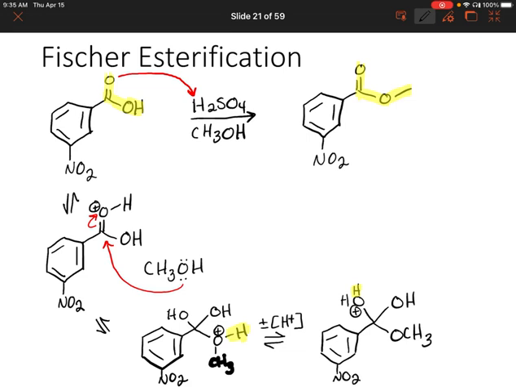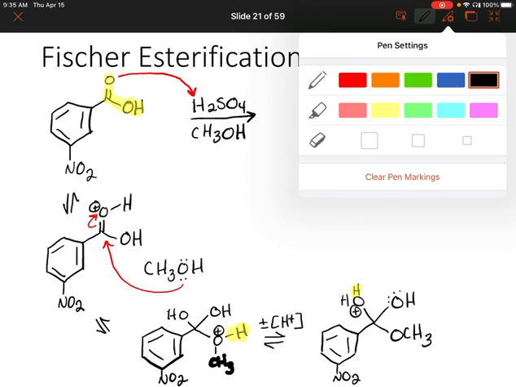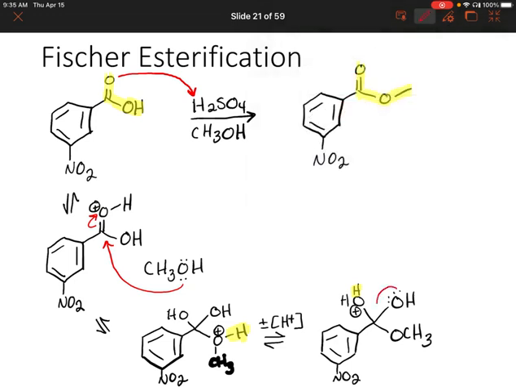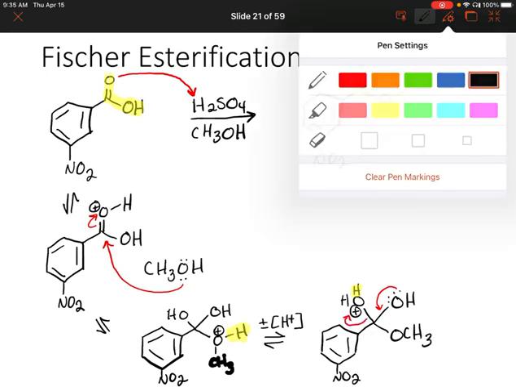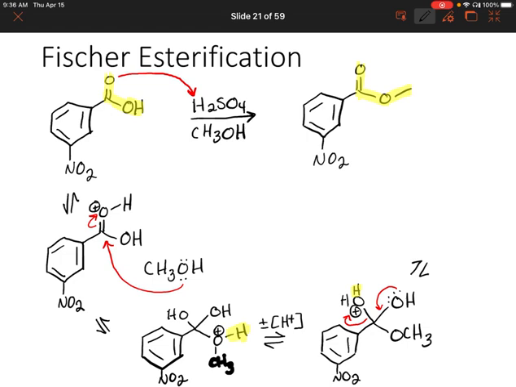So the oxygen on the other alcohol group can reform its double bond with the central carbon, and that will kick out our leaving group of water. Okay, so now we've reformed that carbonyl, although we still have a hydrogen attached to our oxygen.